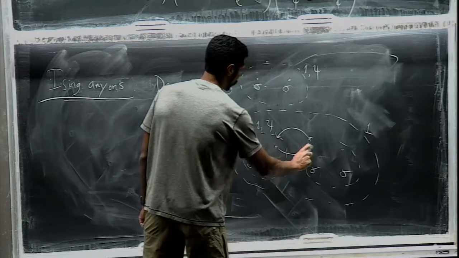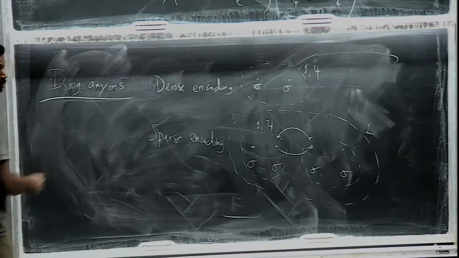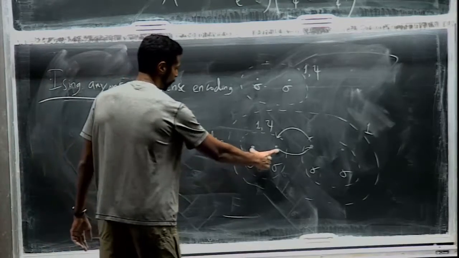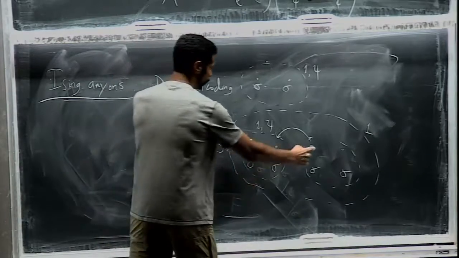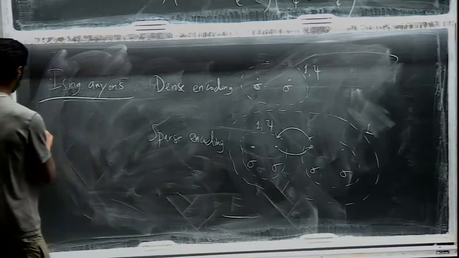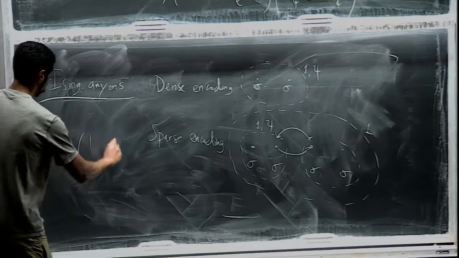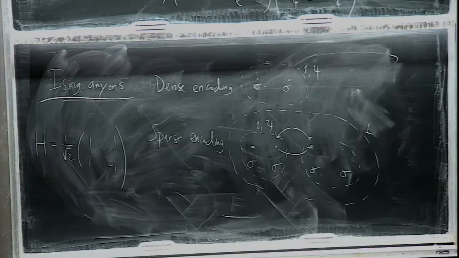If we exchange these two in the sparse encoding, you can convince yourself, that is actually just what the F move does, because the F move changes you from a basis where these two have a fixed fusion channel to these two. So that's what's generally called the Hadamard gate. Okay.